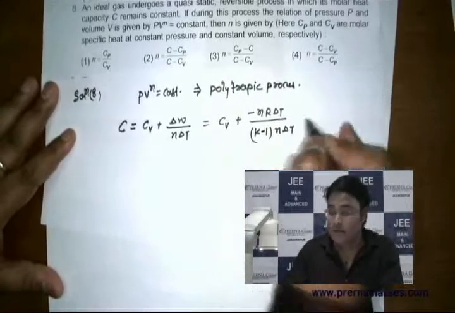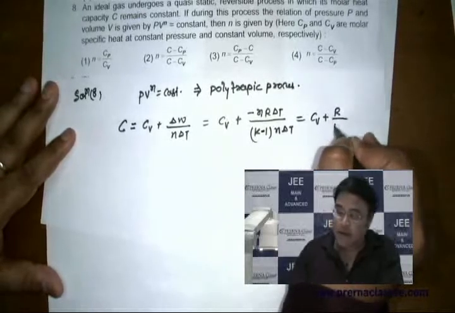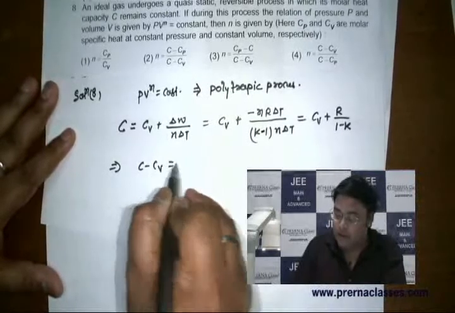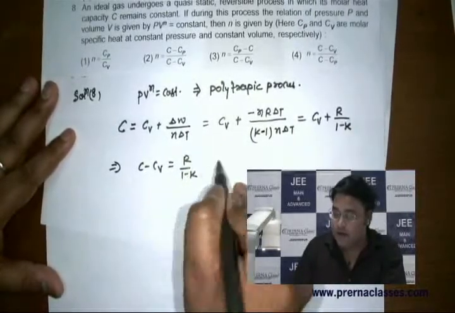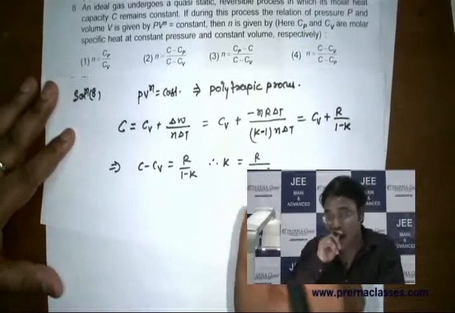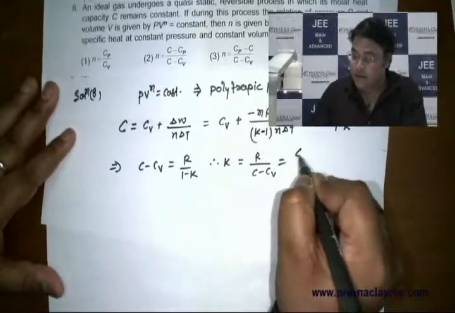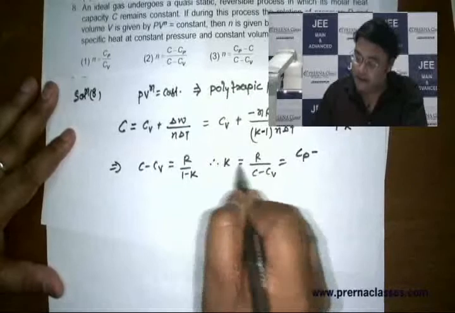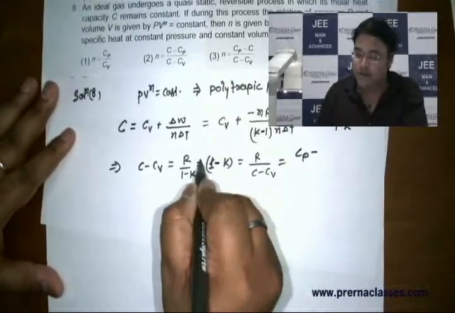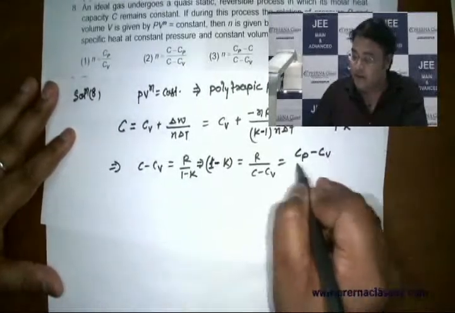So you may write it as Cv plus R by 1 minus K. Now C minus Cv equals R by 1 minus K, and you know Cp minus Cv equals R. So 1 minus K equals R by C minus Cv, that implies (Cp minus Cv) whole divided by (C minus Cv).